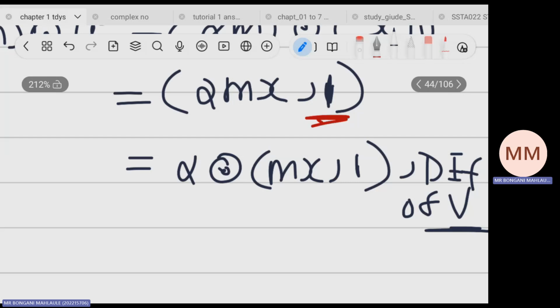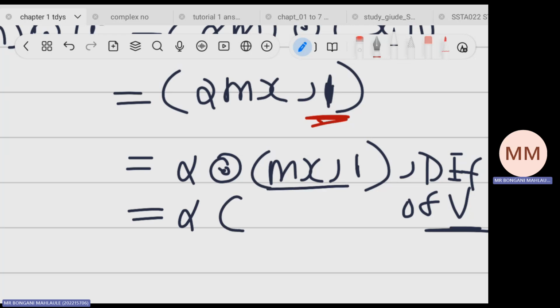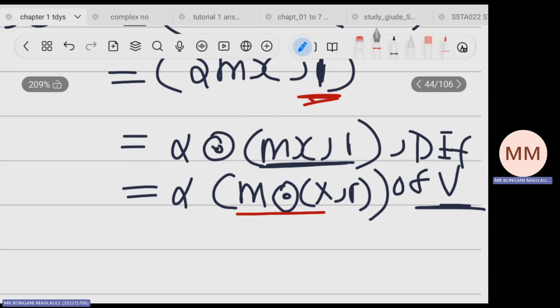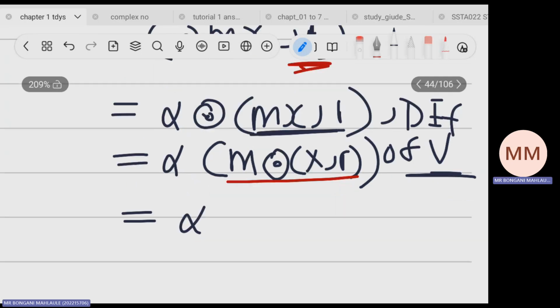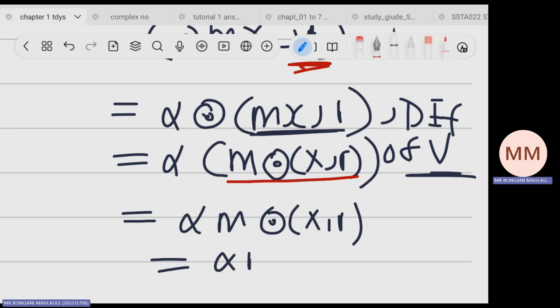Then now this implies that I will have alpha into, if I take out, and then this also by definition will be m dot x1, and then this now will become alpha m dot x1, which is just alpha m dot u.